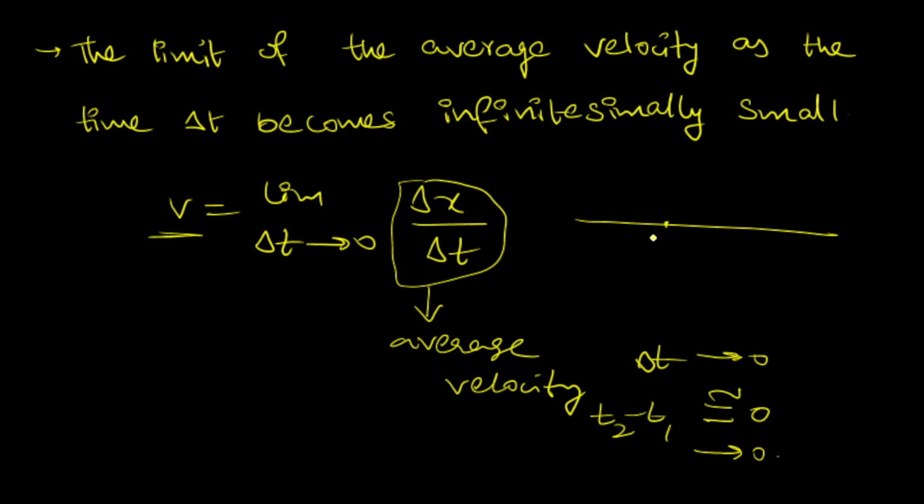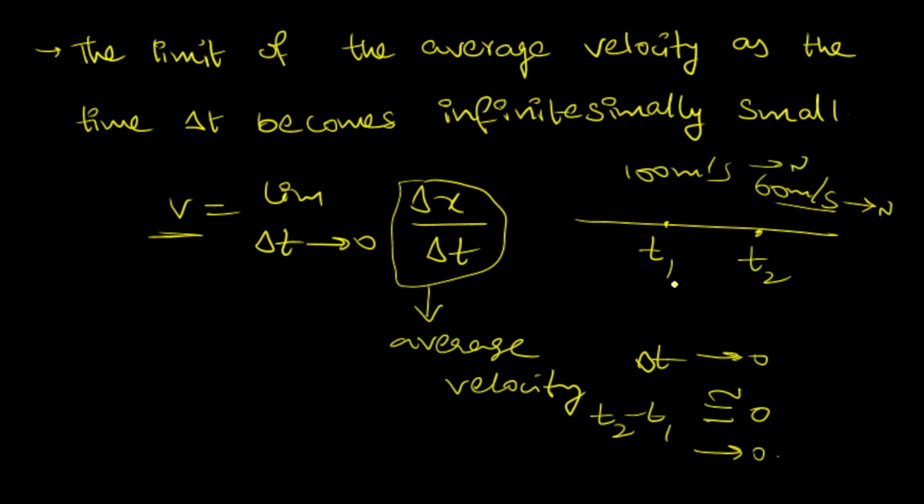Now for example, initially the car at t1 is traveling with velocity 100 meters per second. Finally, it is moving with 60 meters per second, in the direction of north.